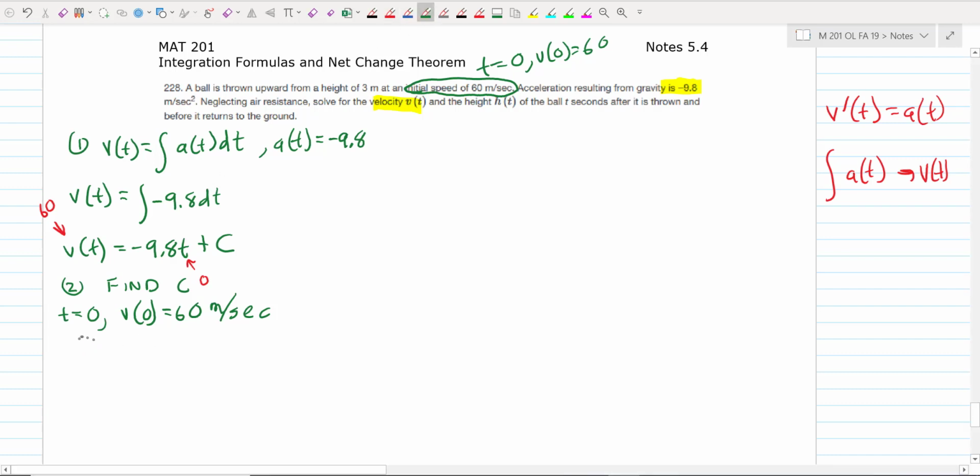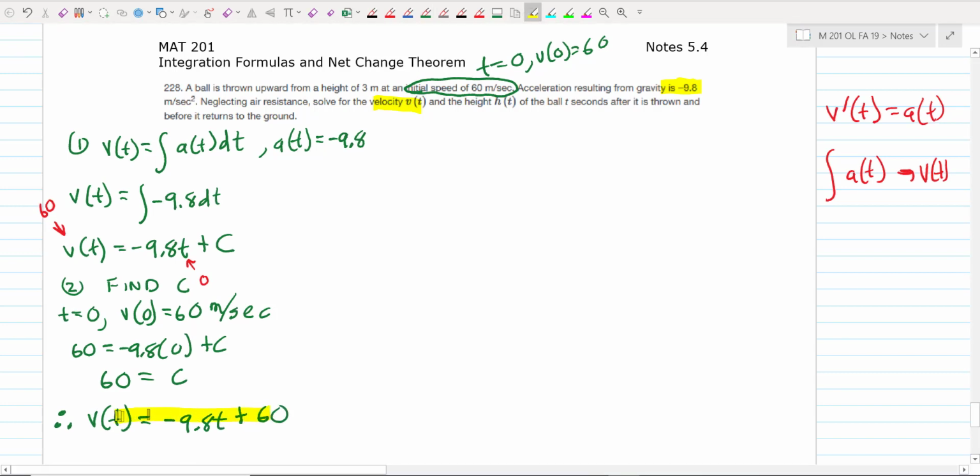So we'll have 60 equals negative 9.8 times 0 plus c. Therefore, the arbitrary constant is c equals 60. So the velocity function that we were trying to find is negative 9.8t plus 60.